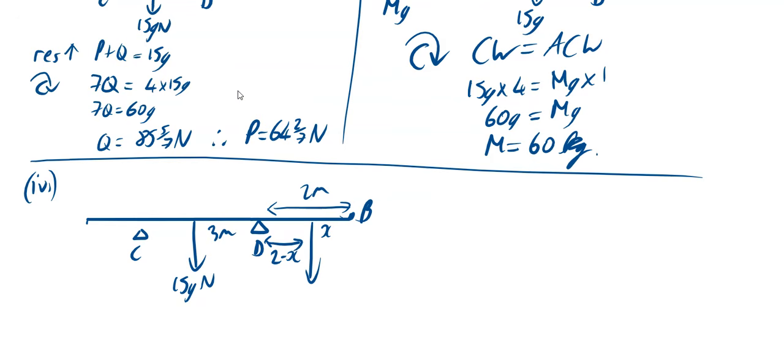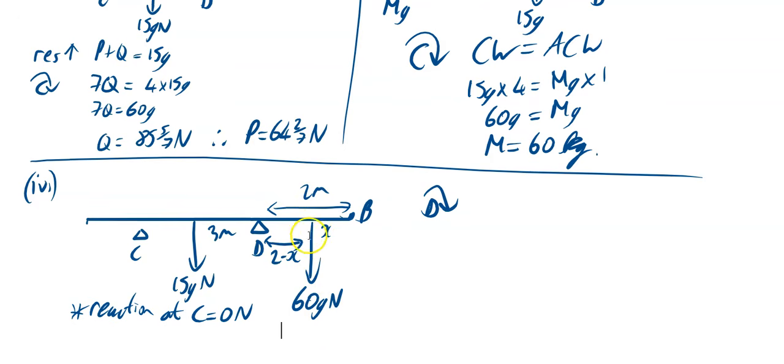So I'm going to do this one. First of all, I'm going to make a wee note and say reaction at C is equal to 0 newtons. And then to do this question, I'm going to take moments about D. So let's just have a look at what's going on. Here, you've got your mass as well, which is 60. So 60G newtons is going down, so that's the weight going down.